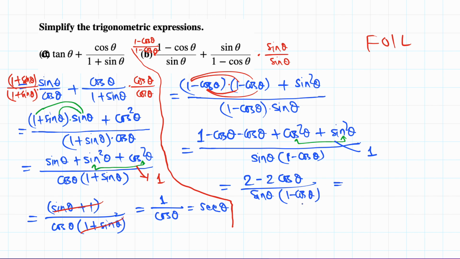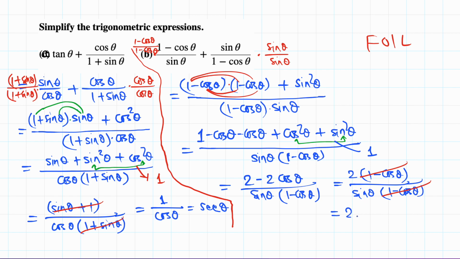Do not cancel yet, but on the top we can factor 2 minus 2 cosine. These are unlike terms, but we can factor 2 out. That leaves 1 minus cosine theta. On the bottom, sine theta times 1 minus cosine theta. Now the quantity 1 minus cosine from top and bottom cancels. So what is left? 2 over sine. That's it. This is 2 over sine, meaning 2 times 1 over sine.